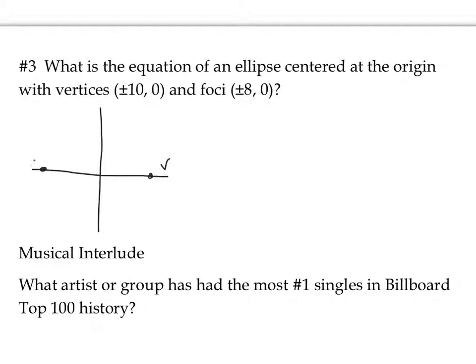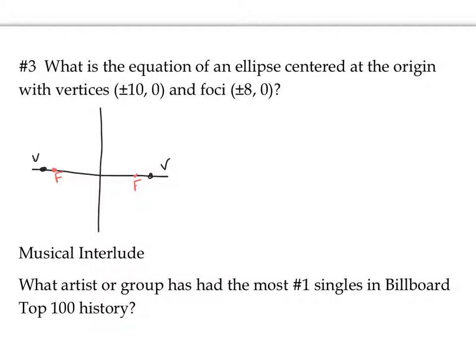That's my vertices there. The foci are at 8, 0 and negative 8, 0, plus or minus. The vertex of 10, 0 means that's the major axis. So my a value is 10, and my c value is 8.